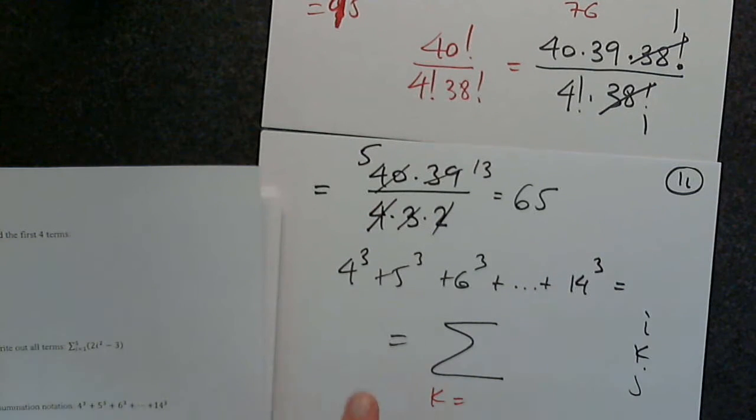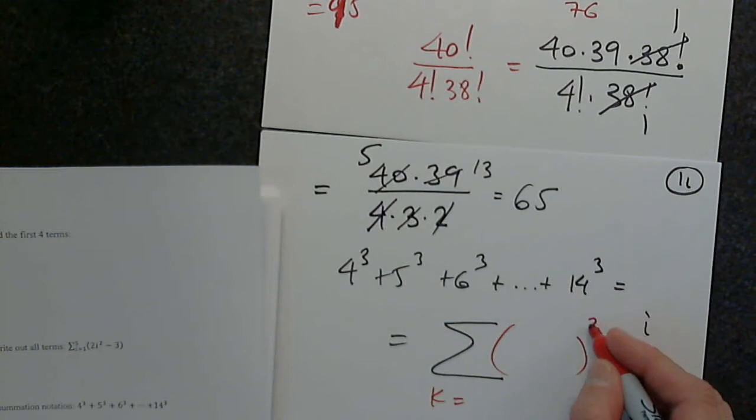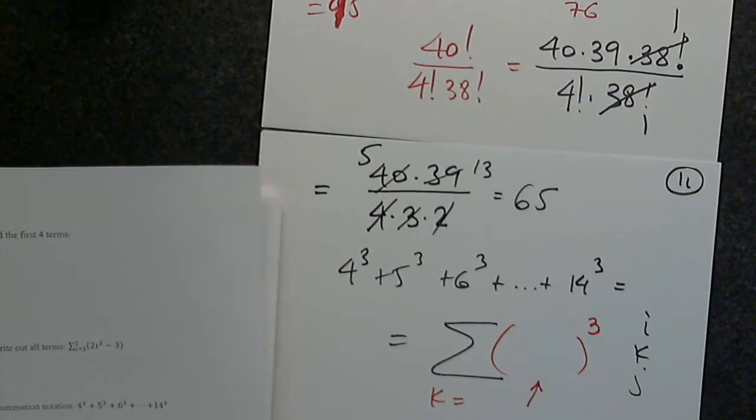So we notice that this starts at 4, continues with 4 plus 1, continues with 5 plus 1, and so on and so forth till 14. So any idea of how to write? And of course, all of them are raised to the third power. But what do I put here?